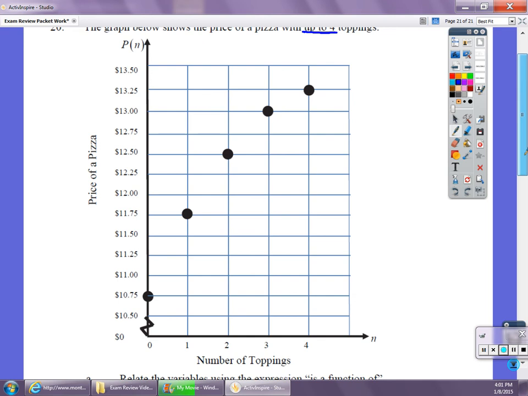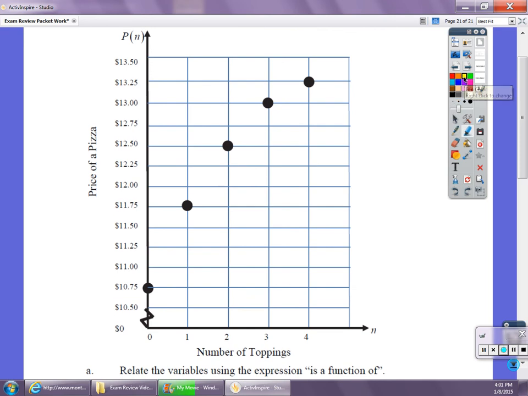On our horizontal axis, we're dealing with the number of toppings. On our vertical axis, we're dealing with the price of the pizza. So as the number of toppings increases, the price is going to increase.